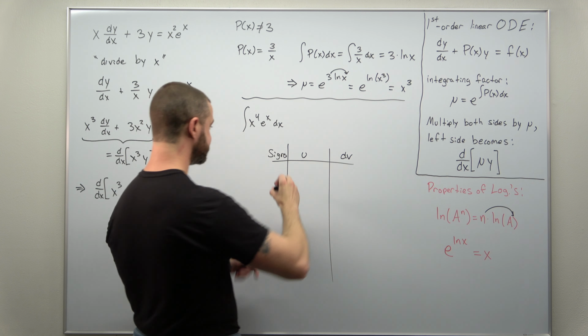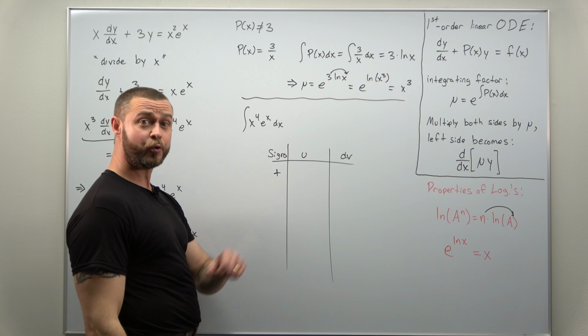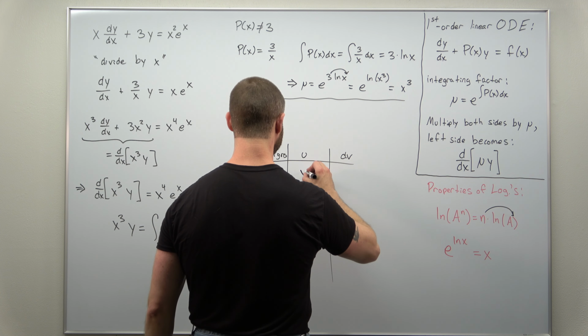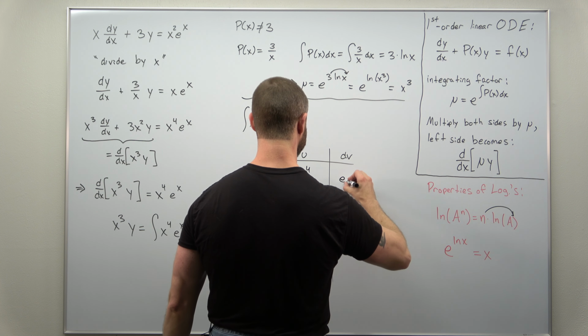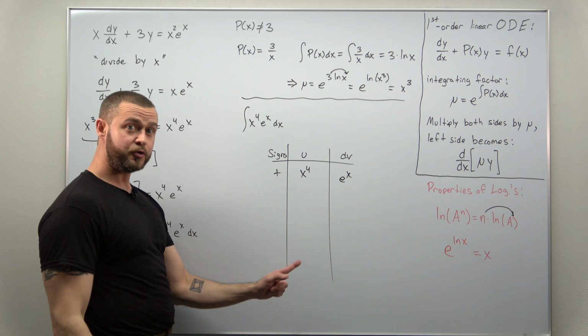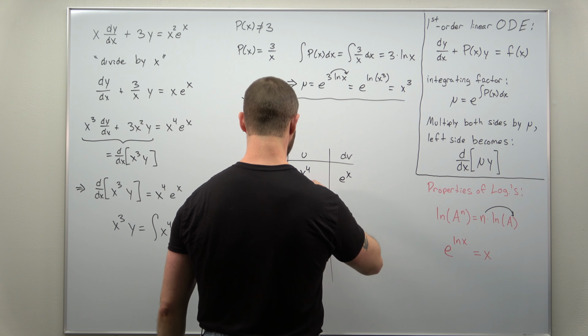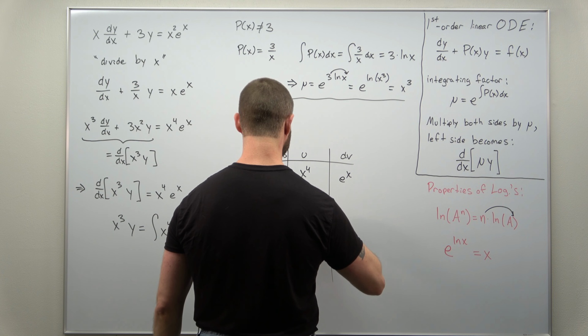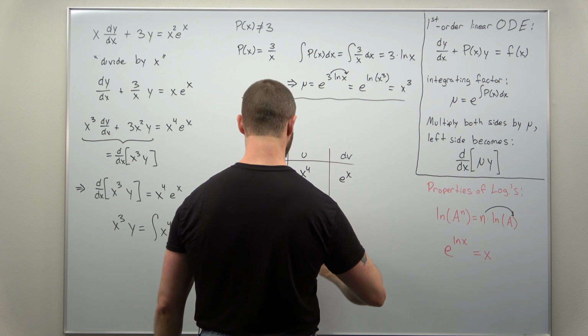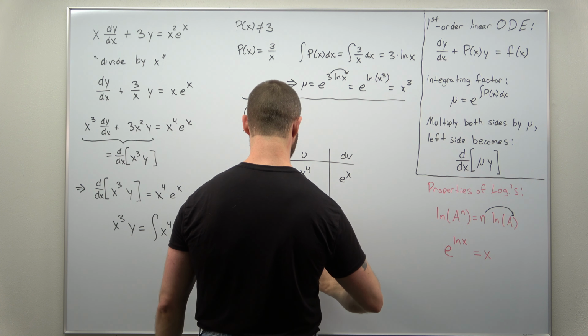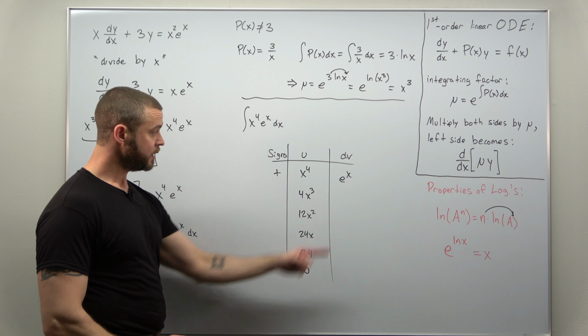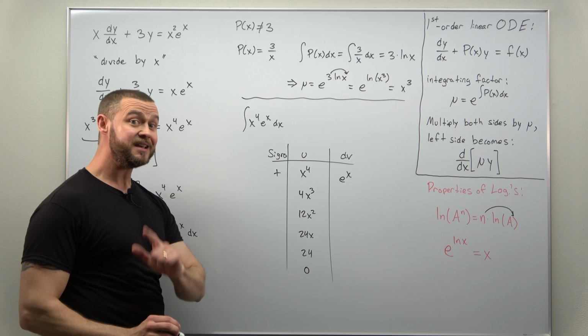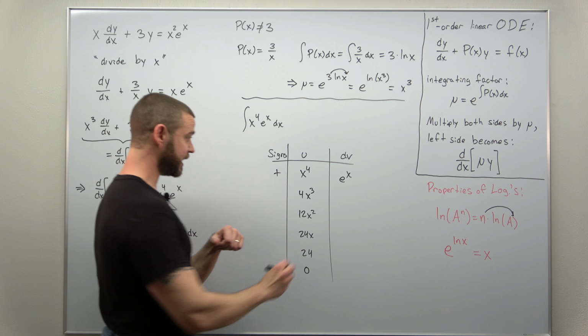Always start with a plus and make your same choices for u and dv. u is going to be x to the fourth, dv e to the x. u, you differentiate, so you'll get 4x cubed, 12x squared, 24x, 24, and then 0. The other side, successively integrate or calculate antiderivatives.